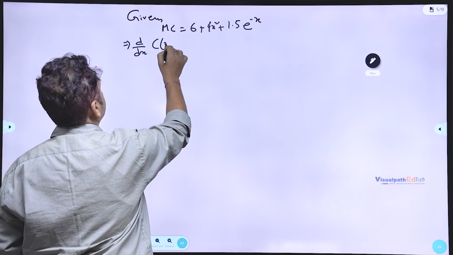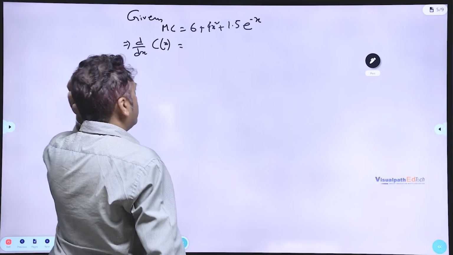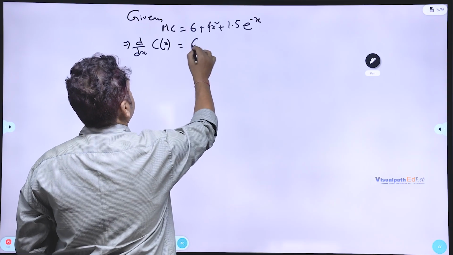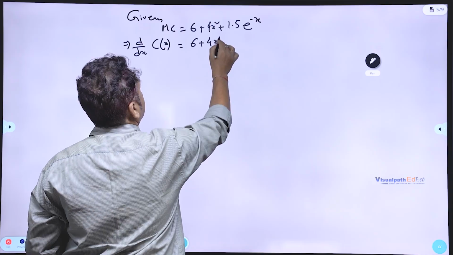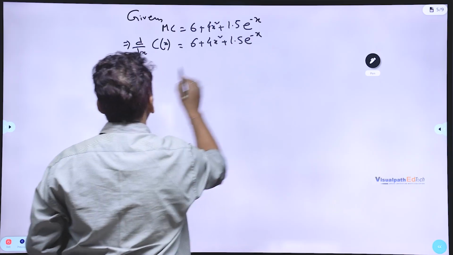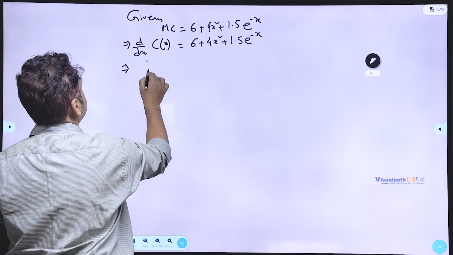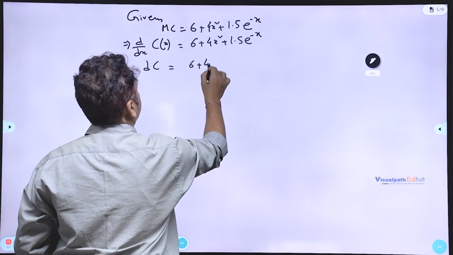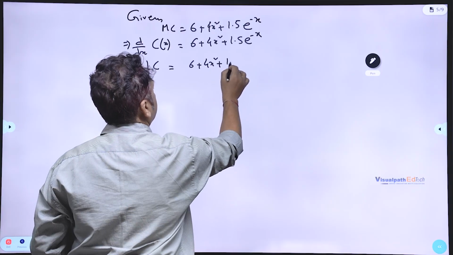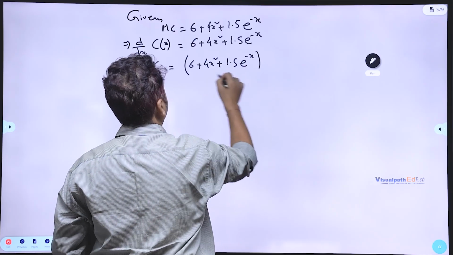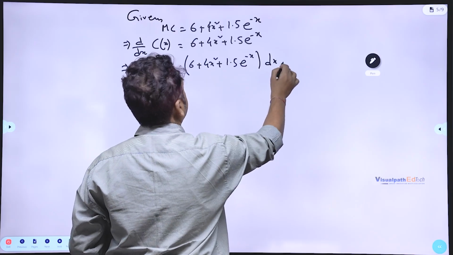We can take it as C(x), or we can take it as C. C is also fine. Given 6 plus 4x squared plus 1.5 into e to the power minus x. Let's do cross multiplication. So, we get dC is equal to 6 plus 4x squared plus 1.5 e to the power minus x, whole thing. Keep it in a bracket and you can write dx.